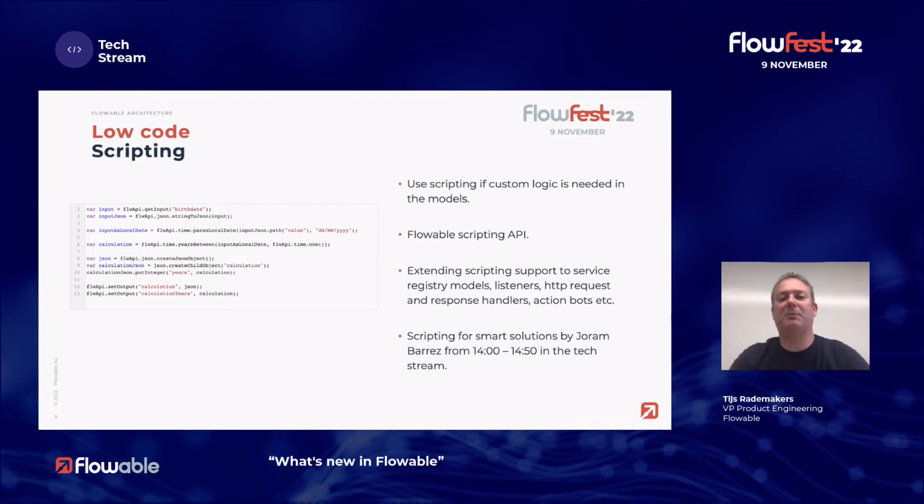If you want to go a bit more technical, then it's also possible to use scripting on HTTP request and response handler level. And also think about our action models, where you can trigger some logic and just interact with a little bit of logic when clicking a button. Those action bots can now also be implemented with scripting instead of only Java.